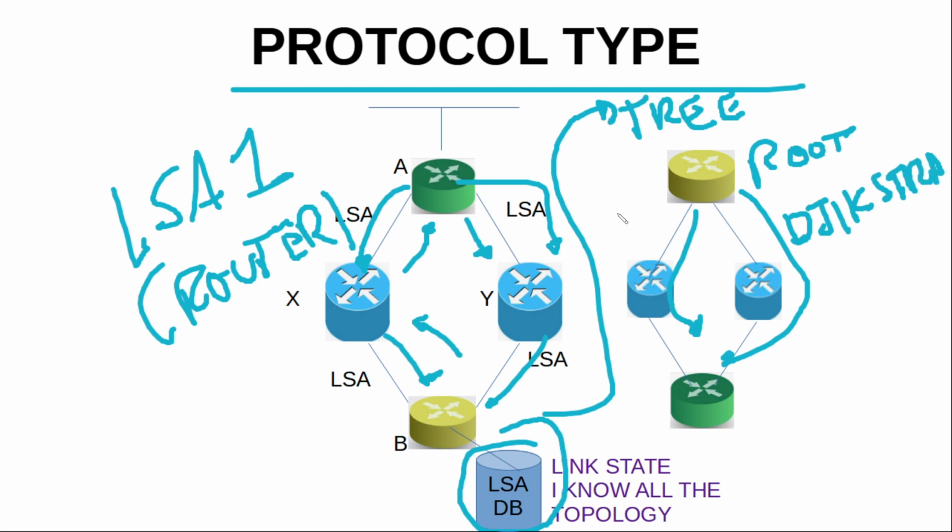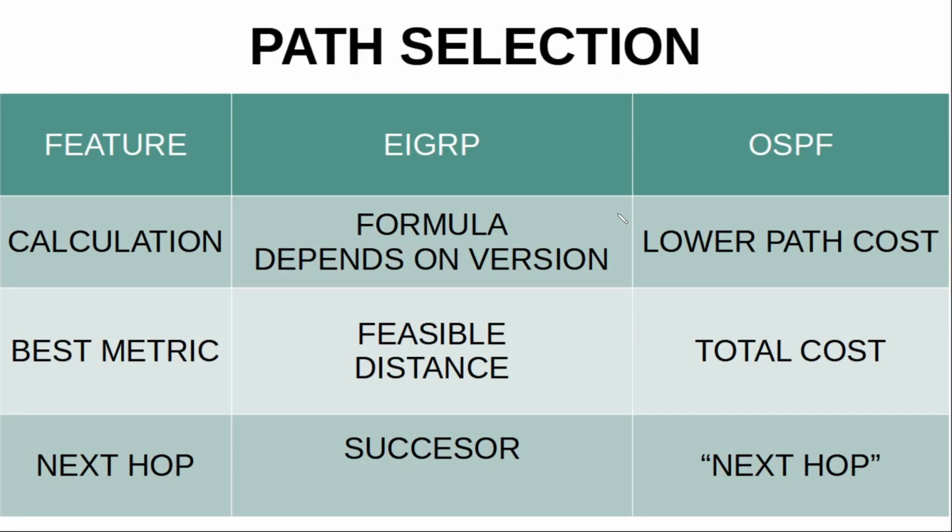So that is the main difference of how link state protocols work compared to an advanced distance vector protocol such as EIGRP.